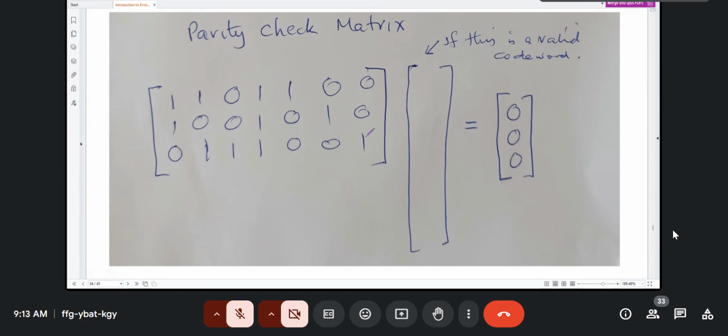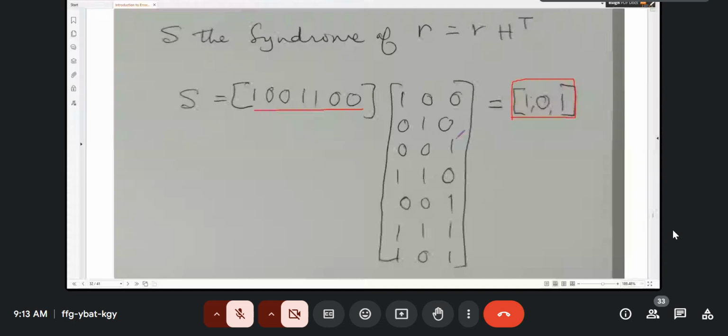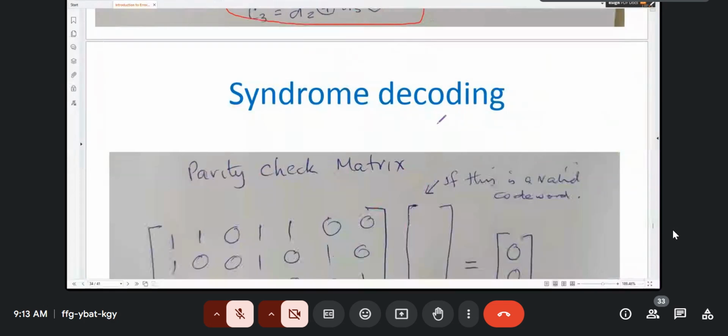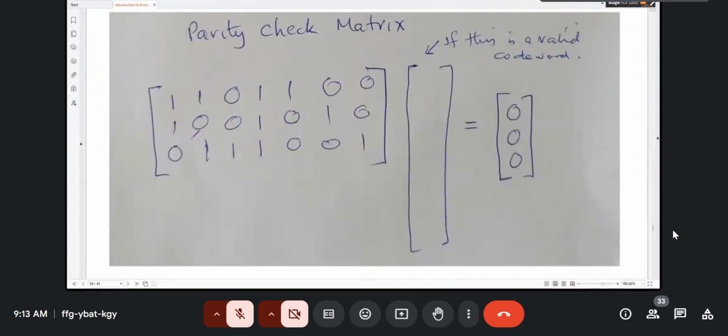It will be the same thing if you multiply the received vector with H transpose, it will give you the same result as if you multiply H with R transpose, where R is the received vector.